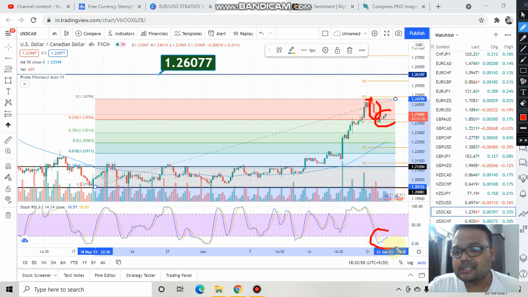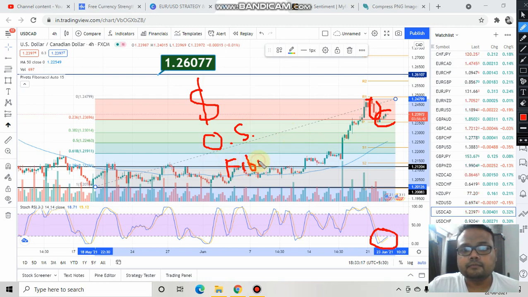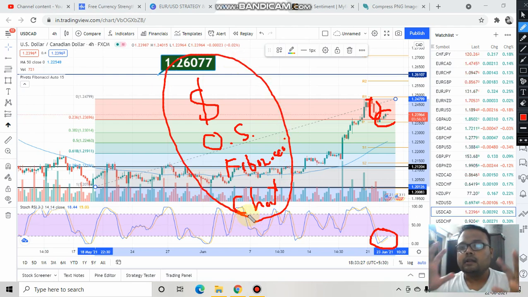And you can see that stochastic RSI is also in the oversold zone. So considering all these factors, the strength of the US dollar, the oversold zone of the market, the Fibonacci levels, and the overall chart, it seems that right now the market is in a very good position to go for a buy order.